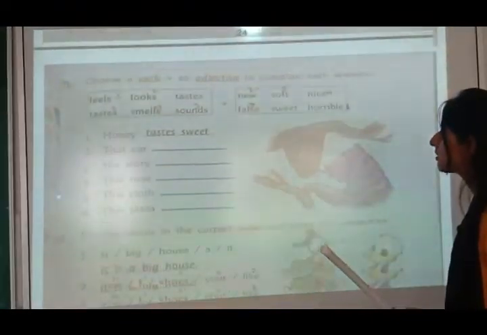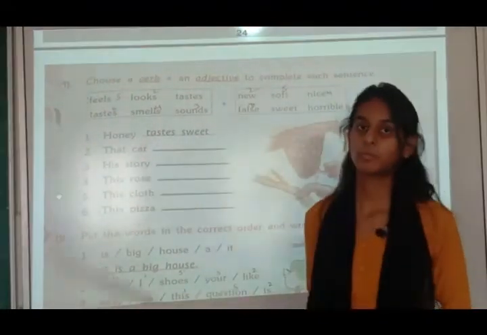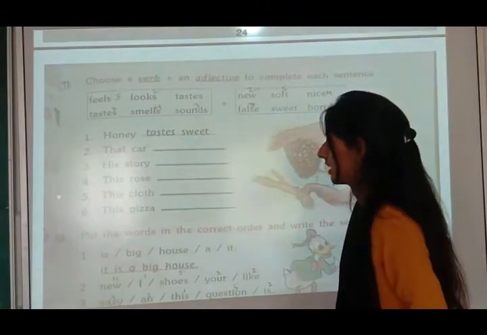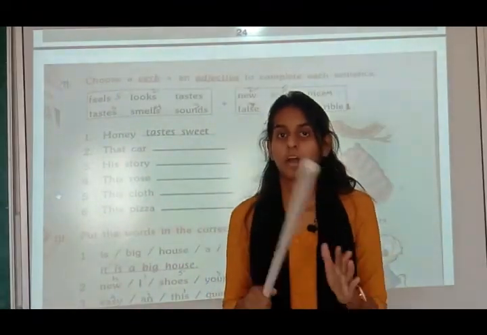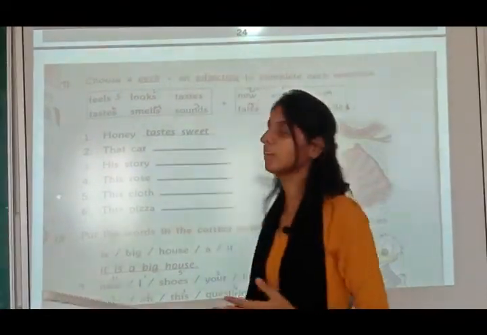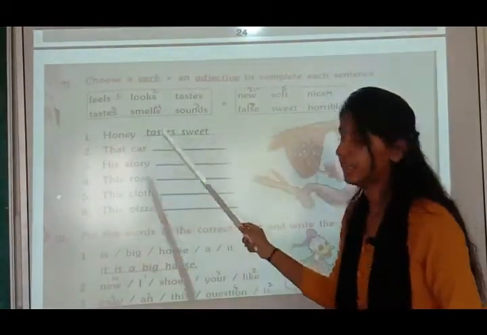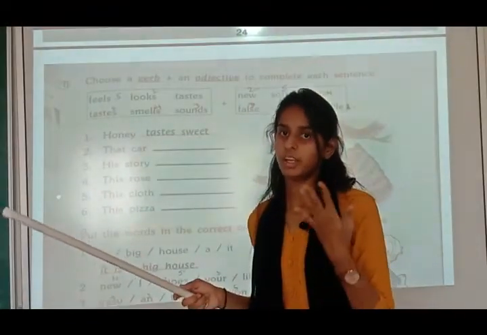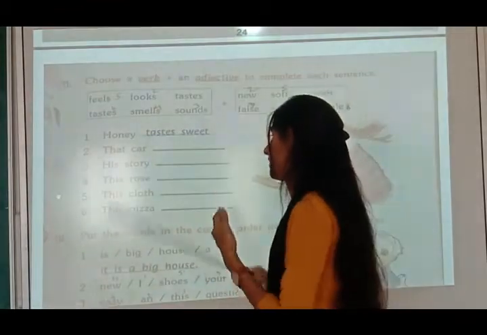Now see, choose a verb plus an adjective to complete each sentence. Here you have to choose a verb and an adjective to complete the sentence. We know that an adjective comes after the verb and an adjective comes before the noun. So see, honey tastes sweet. Taste is a verb, and how does it taste? Sweet. It is telling about the verb, so it tastes sweet.